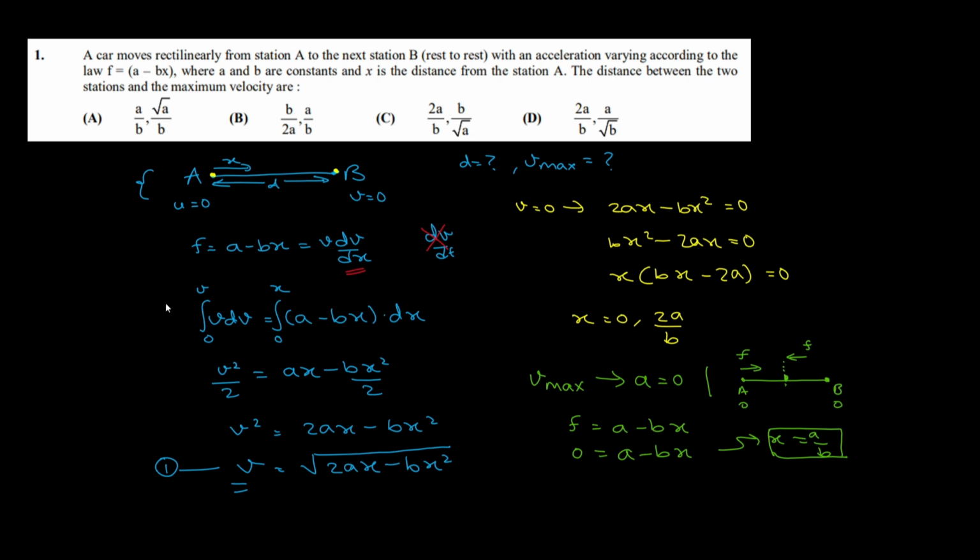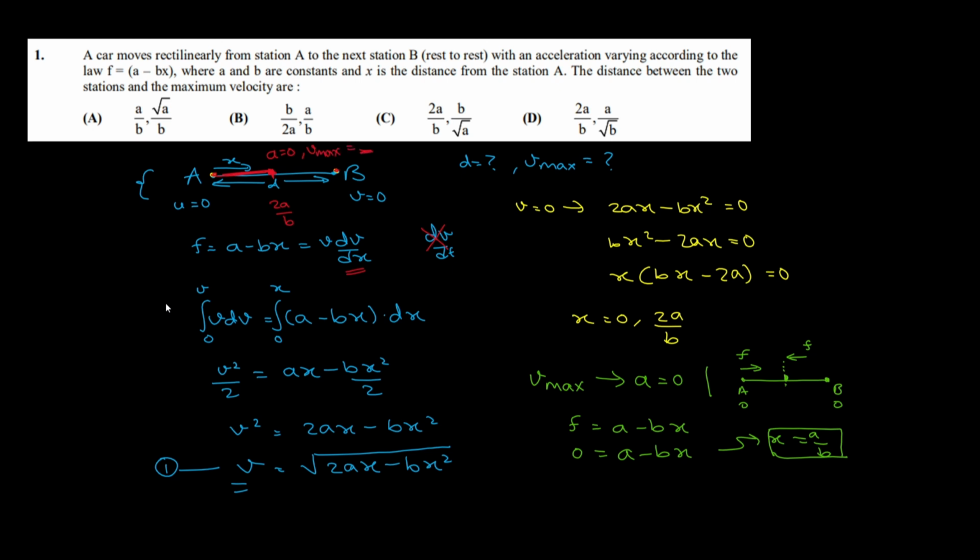This is station A, this is station B. The whole distance is nothing but 2a by b. So half of this would be a by b, right? And at this midpoint, we have acceleration 0 and maximum velocity.